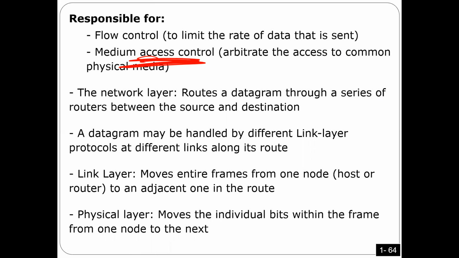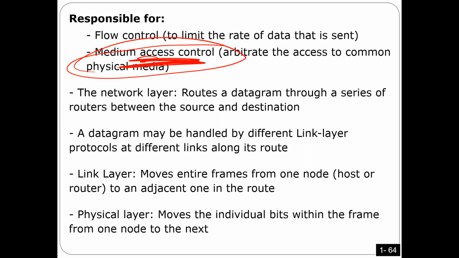Can anybody guess what this is? It's one of the important things done at this layer, medium access control. Any guess? Okay. It happens in many cases that we have more than one computer connected to the same medium, and only one computer can use the medium at a certain time.